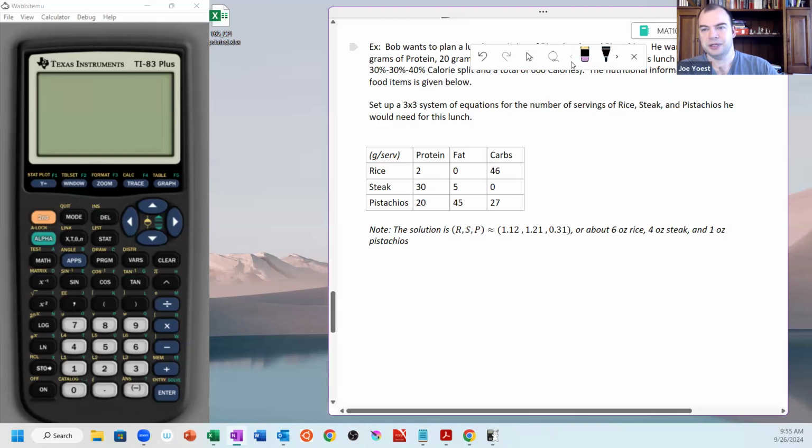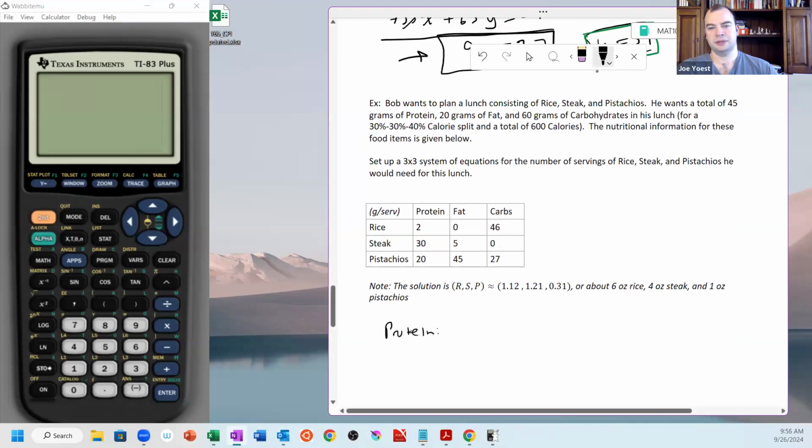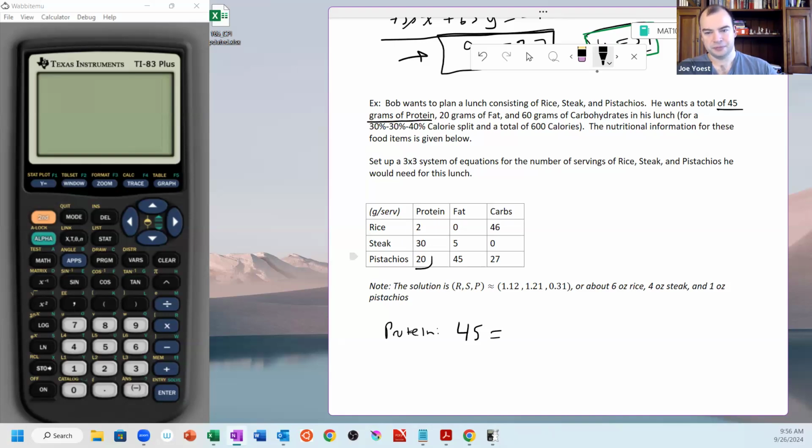So I really have 3 constraints. I have one for protein. So the goal is 45 grams of protein. And that's going to be gotten from the combination of rice, steak, and pistachio.